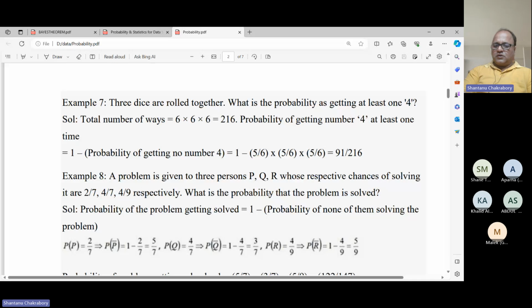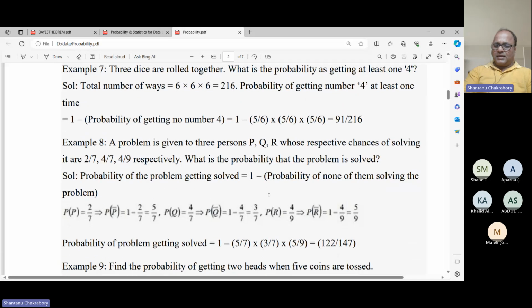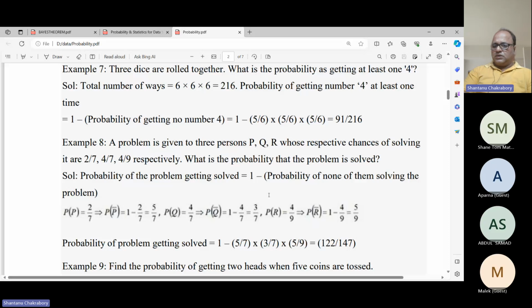Then you get the probability of not solving the problem by the first, second, and third person: 5 by 7 into 3 by 7 into 5 by 9. You get the total probability of how the problem is solved by the three different persons, right?